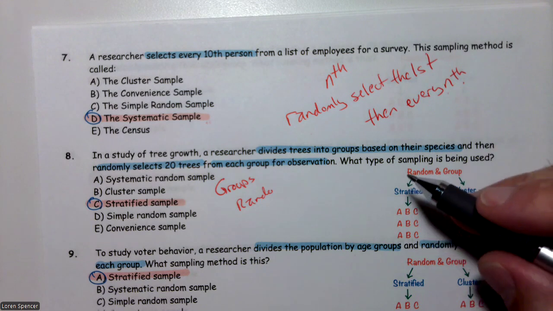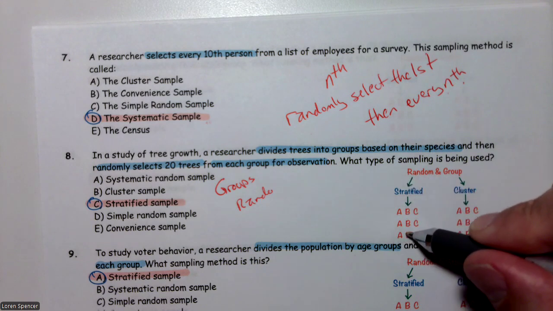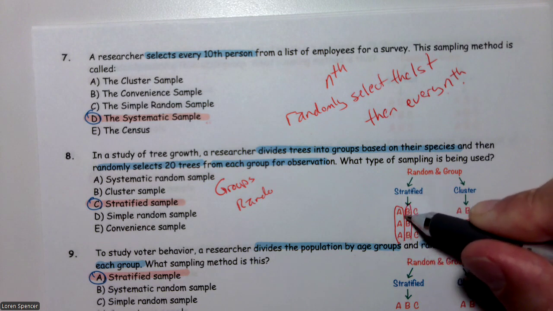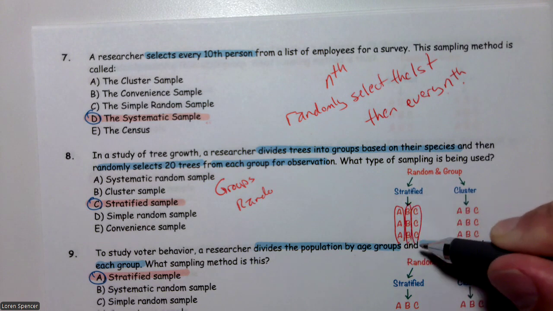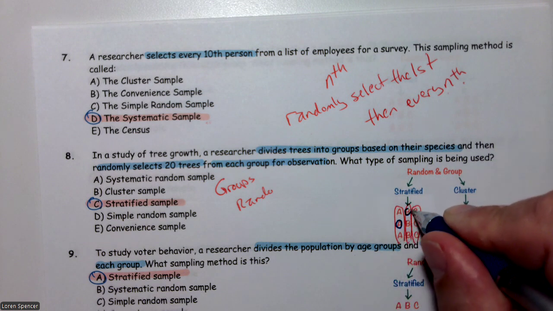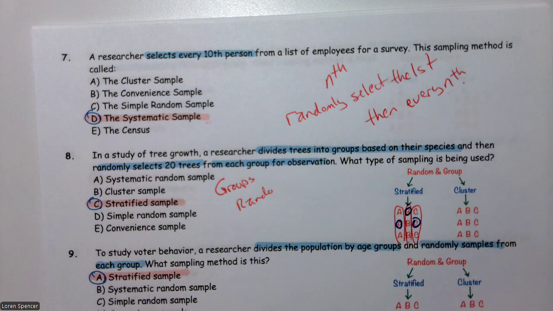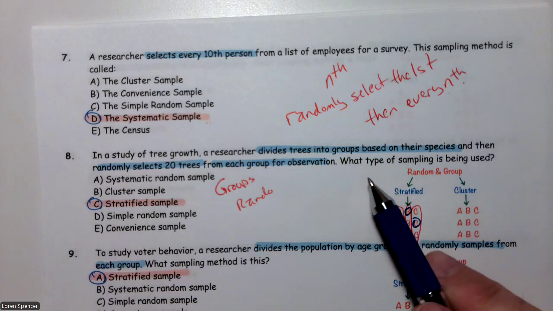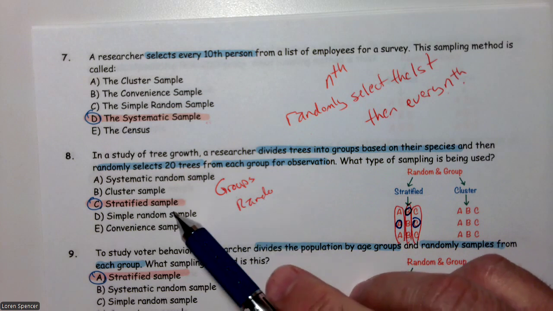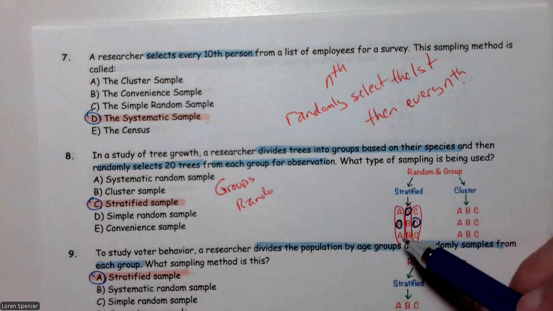If we're into groups, oh, we have the aspen, we have the birch, and we have the cherry trees. So I randomly selected one aspen tree, one birch tree, and one cherry tree. So in that case, groups, then randomness, that's stratified because I broke it into strata.